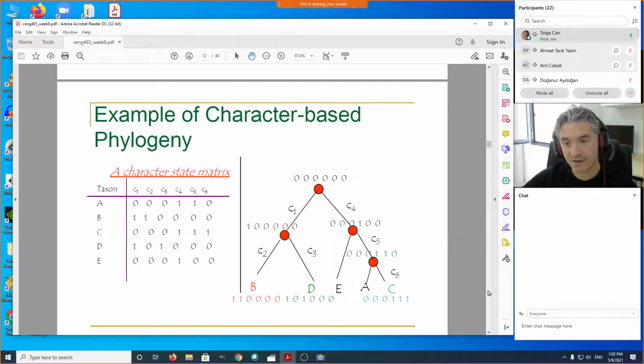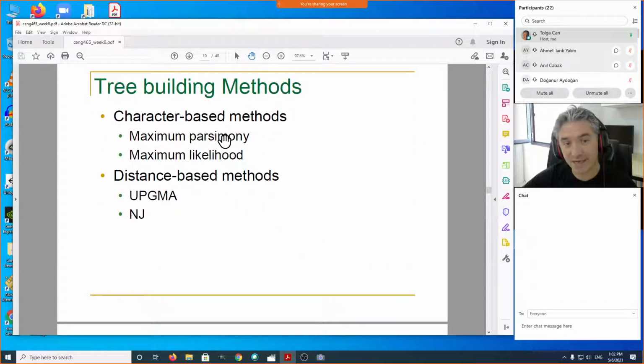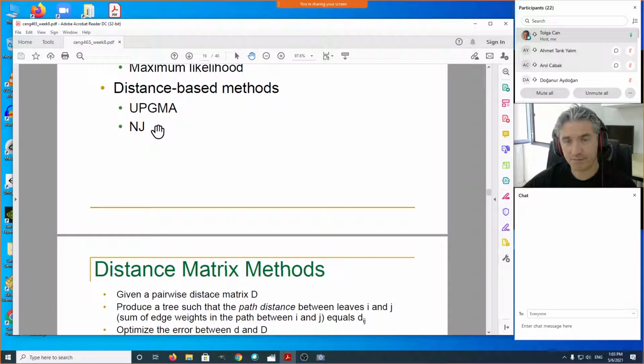If you have a character state matrix, there are computational methods like maximum parsimony and maximum likelihood, most of them coming from statistics, to build those trees. We are going to focus on distance-based methods, UPGMA and neighbor joining. We will learn these two algorithms, and I will quickly go over the other algorithm that I mentioned in the first weeks of this course.